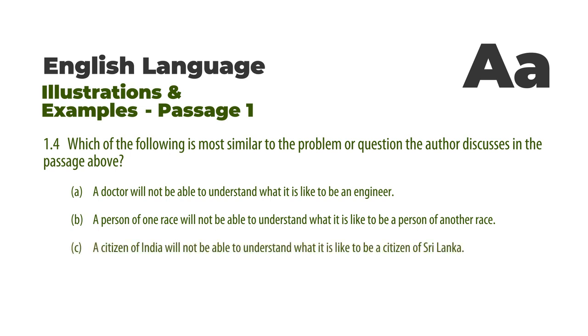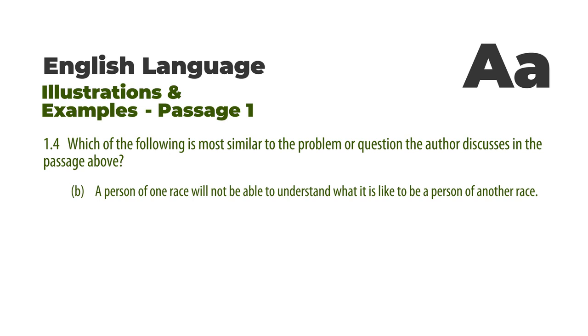C. A citizen of India will not be able to understand what it is like to be a citizen of Sri Lanka. Or D. A cricketer will not be able to understand what it is like to be a footballer. The correct answer is option B.